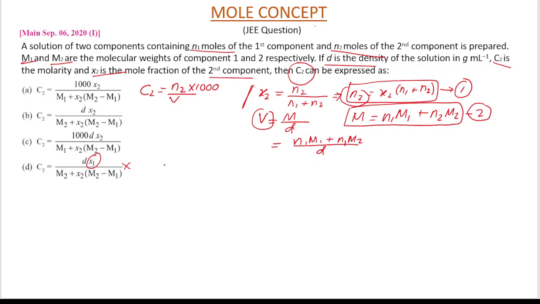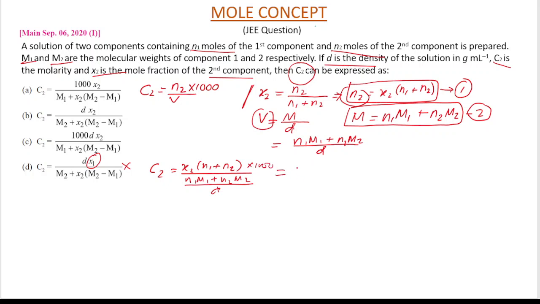So now both V and n we got here. So now can we calculate C? Yes, C2. So we can write here x2 (n1 plus n2) divided by V, equal to (n1 m1 plus n2 m2) by d, into 1000.